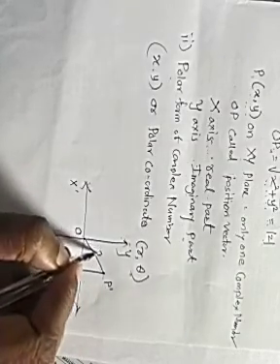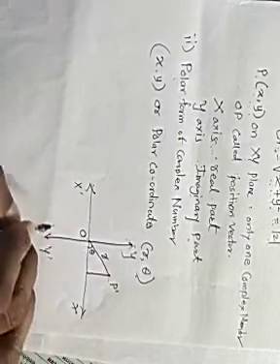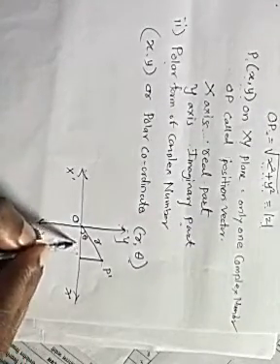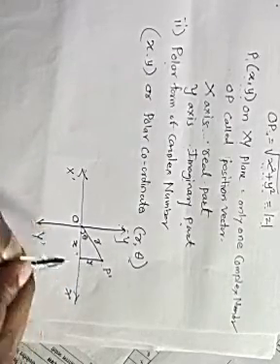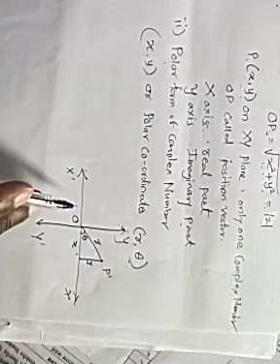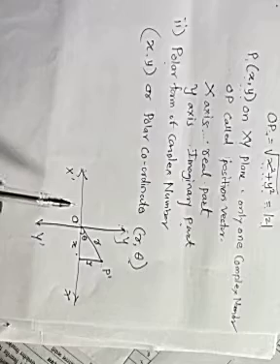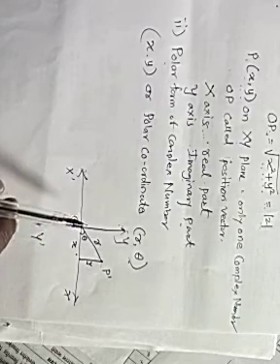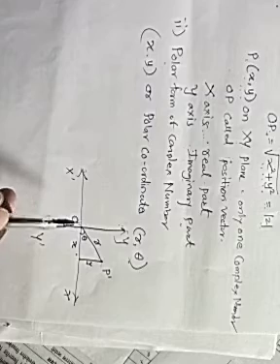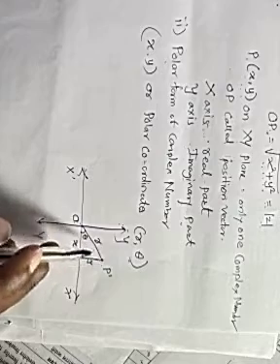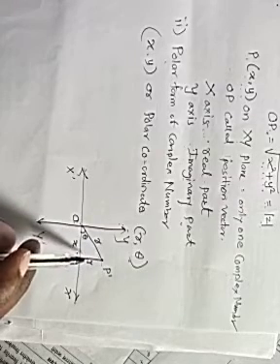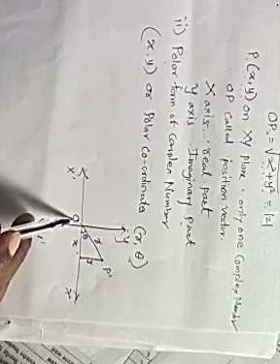The OP distance is known as r. Here is the angle theta, and the distances OX and OY are the rectangular coordinates with the origin O.